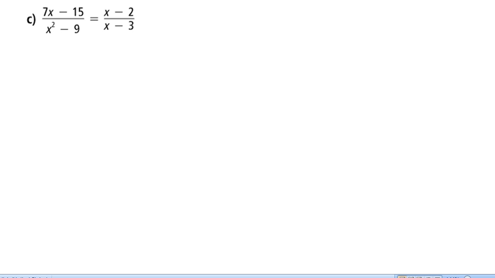Okay, part C is again slightly different, but we should have no problems dealing with this x squared minus 9 because we've seen that before already. First thing we want to do is factor that. I'll just do it over here on the right. X squared minus 9 equals x plus 3 times x minus 3.